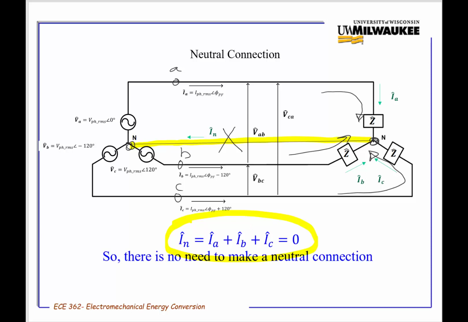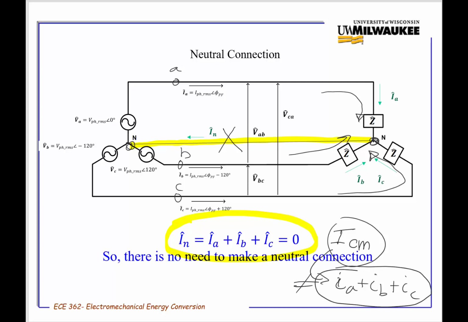Power electronics, on the other hand, and this is not a power electronics class, but power electronics introduces what's called common mode current, ICM, which is an instantaneous summing of currents, say scalars at any point in time, that do not equal 0 because of the switching of the transistors in power electronic circuits, and that's what causes your electromagnetic interference.